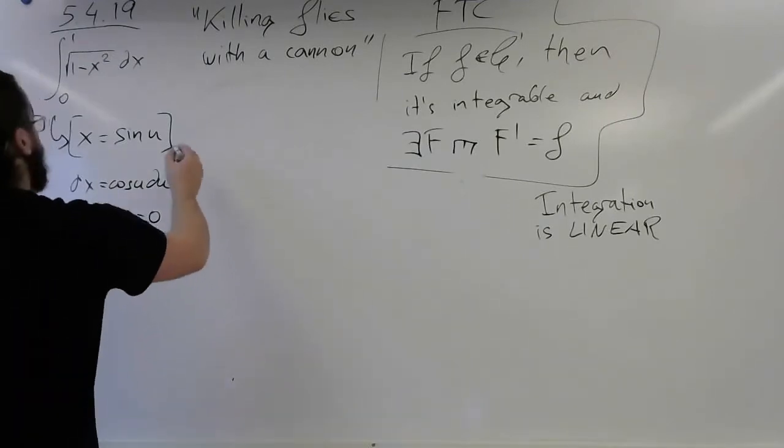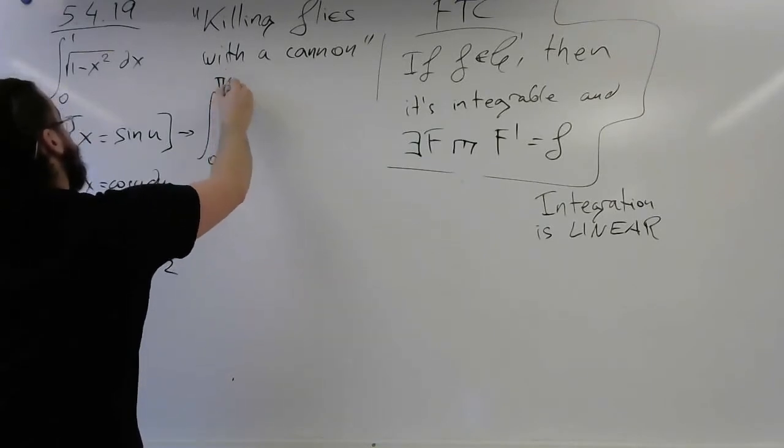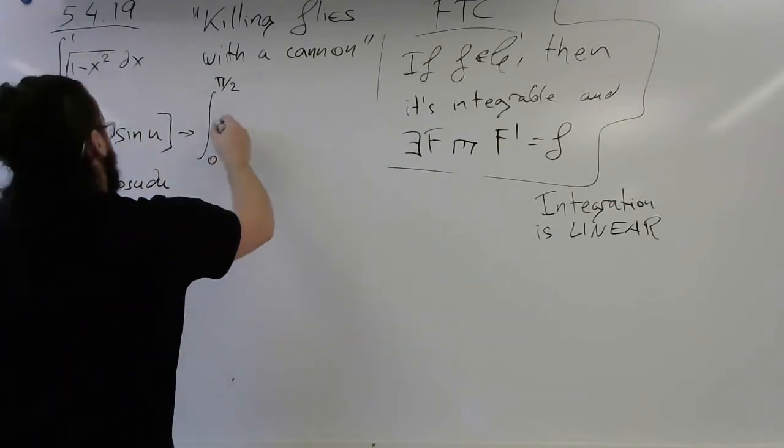If you do the substitution, what you have here is the integral from 0 to pi over 2 of the square root of 1 minus sine squared. That's cosine squared, okay?